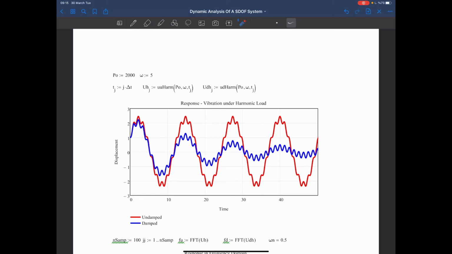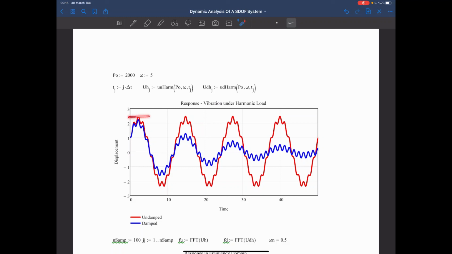So when we look at the time domain, in addition to the natural vibration, remember that we start from 1, so the system starts to oscillate in its natural period, but at the same time we see the effect of the applied loading, a very fast loading, but we see its effect.